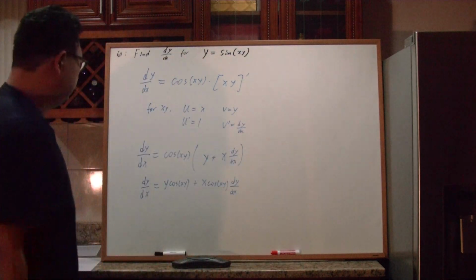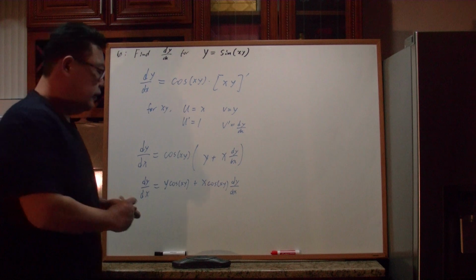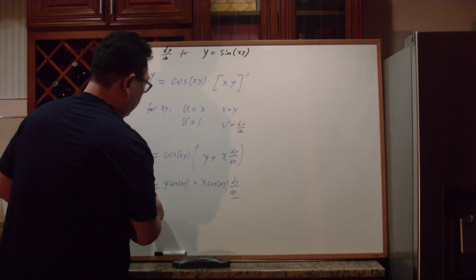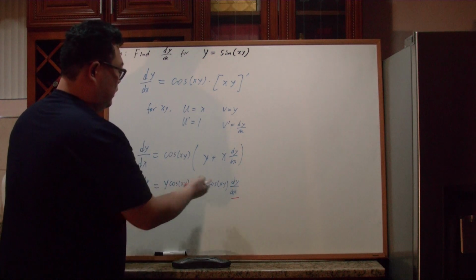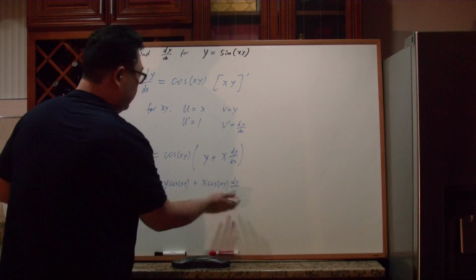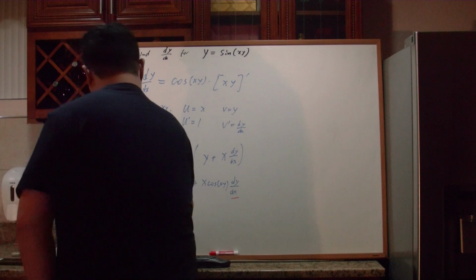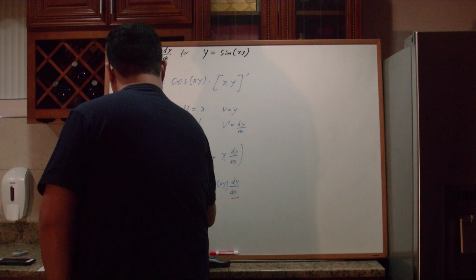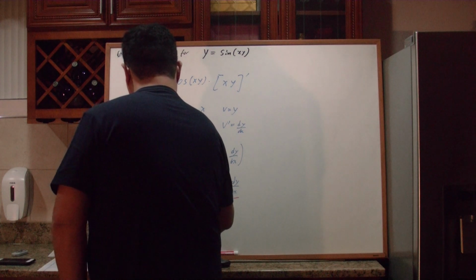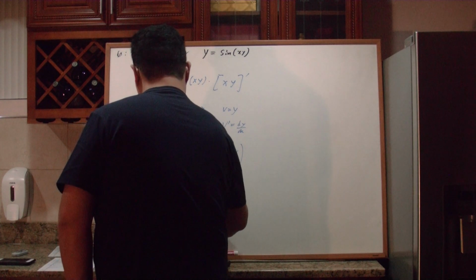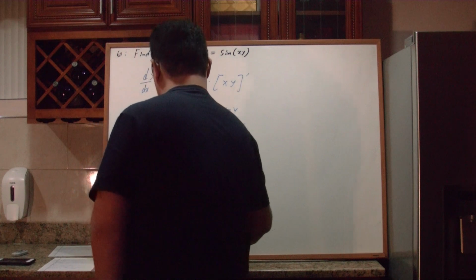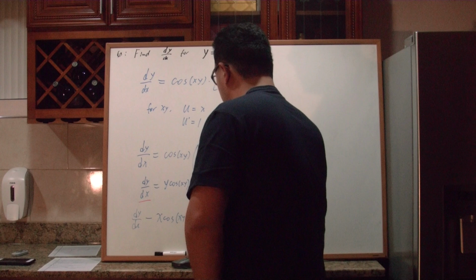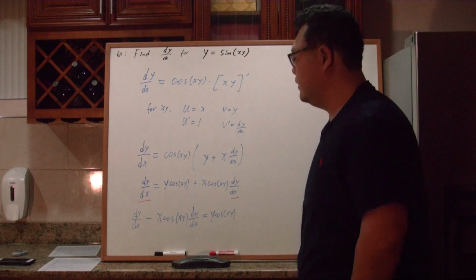For solving for dy over dx as the variable, we need to subtract the entire term to the left. So dy over dx minus x cosine xy dy over dx equals y cosine xy.